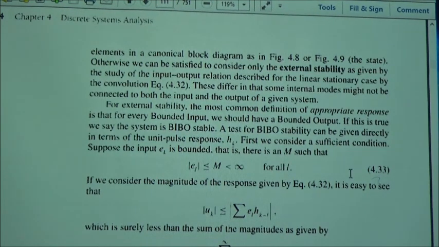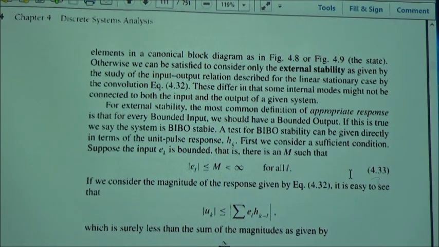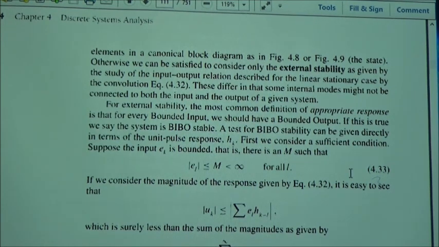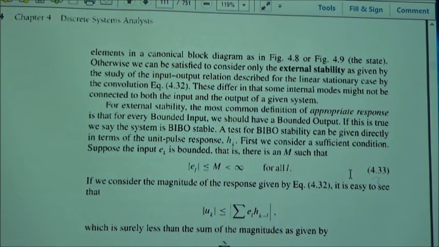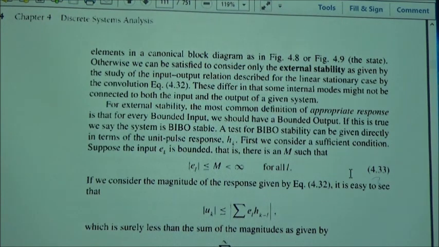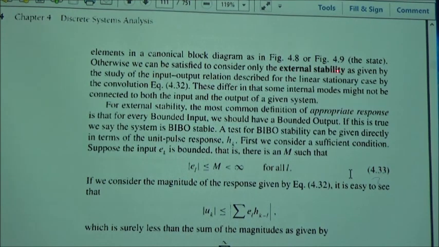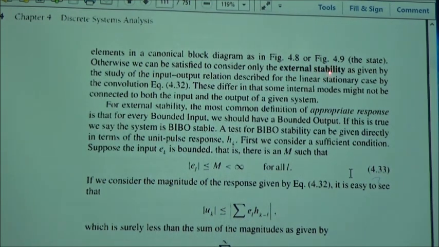However, this stability I just talked about, I call it absolute. It's also called internal stability. Internal stability means that, independent of the input, the system is internally stable or not. If you, on the other hand, have an external input into the system, then the concept of external stability comes into consideration.